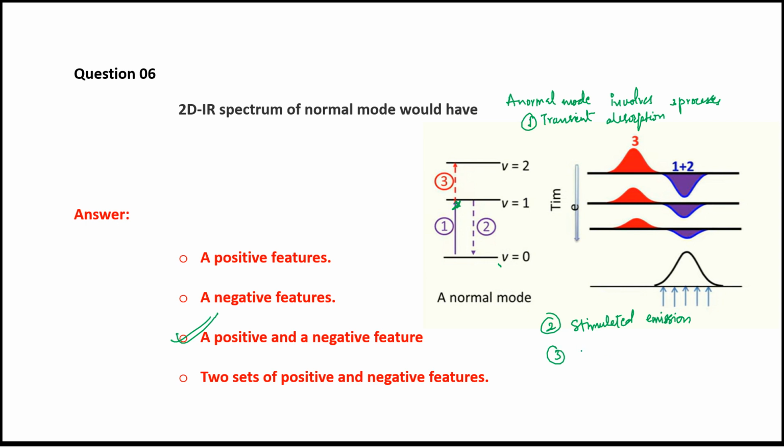Third is the absorption, or transition from V equals 1 to V equals 2. Okay. So the answer is a positive and a negative. Okay. Is there any doubt?